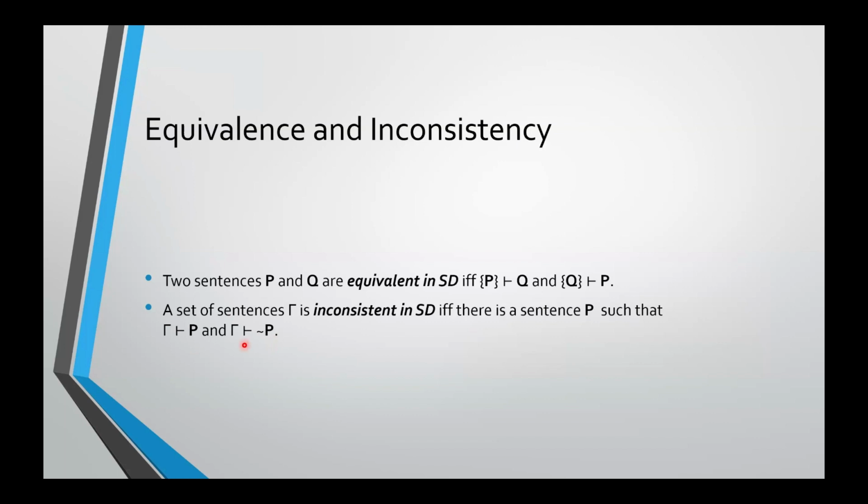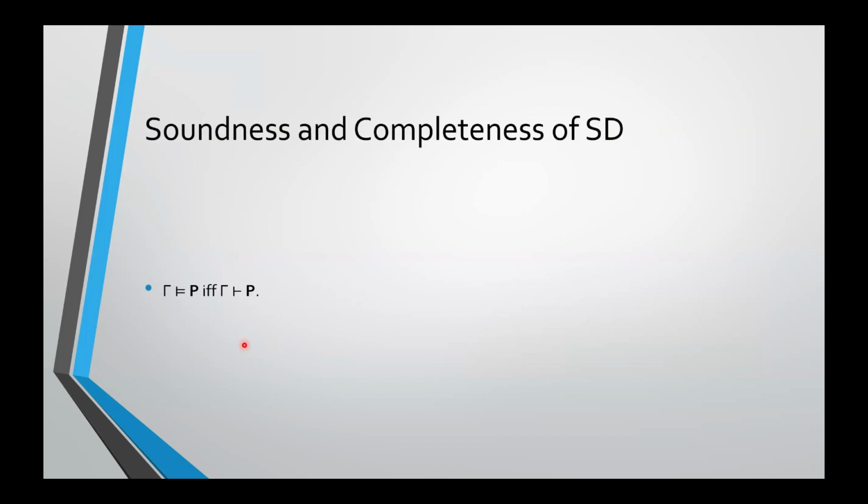This might seem like an odd definition of inconsistency. One thing that you can say about it is this lines up with truth functional inconsistency. A set of sentences is inconsistent in SD if and only if it is truth functionally inconsistent. We talked about this in an earlier video, right?